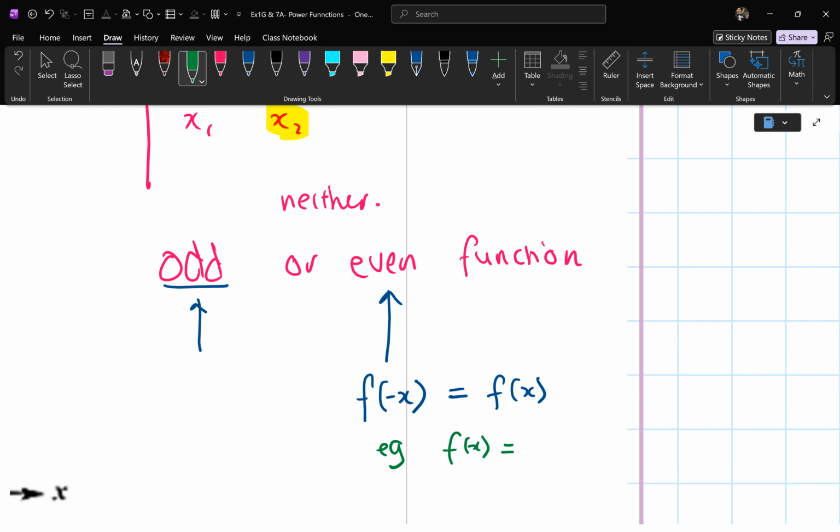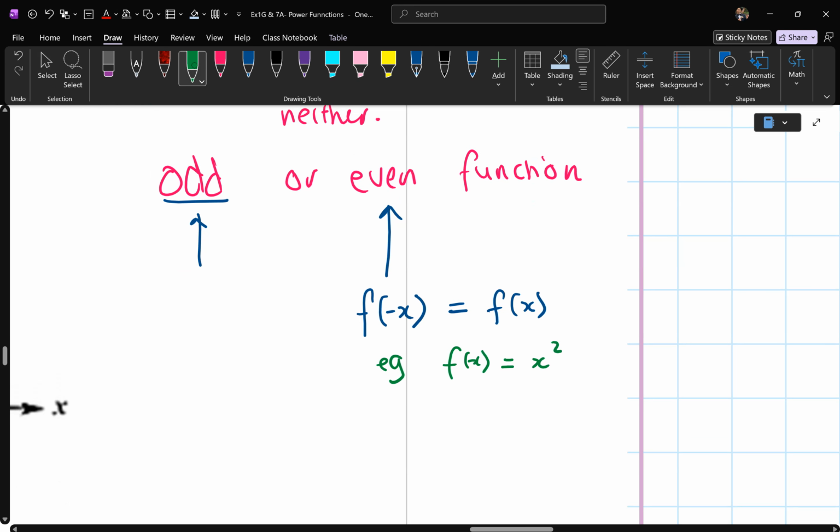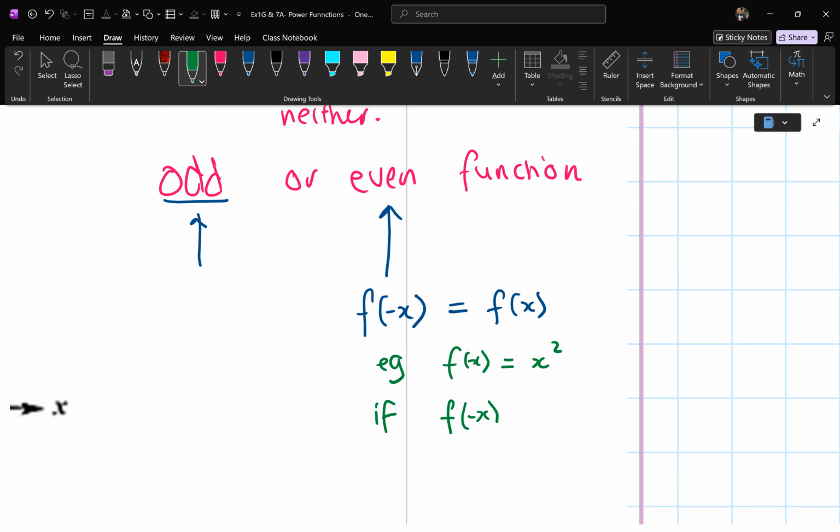f(x) is equal to x squared. Okay? So, if I subbed in, so this is the if bit. If I sub in negative x into the function, I will get negative x all squared. But negative x squared actually ends up being x squared, which is actually the same as the original function.